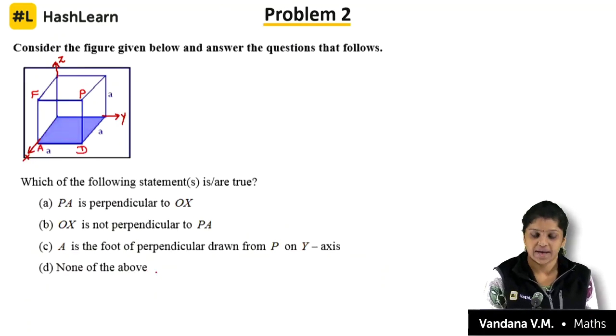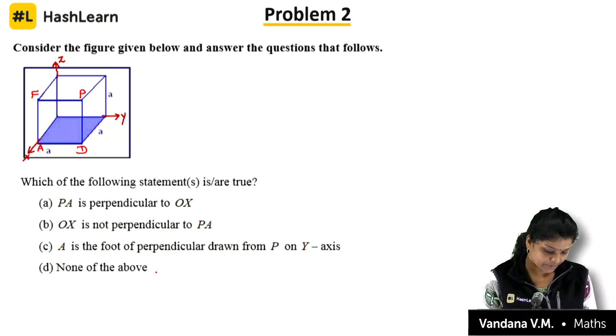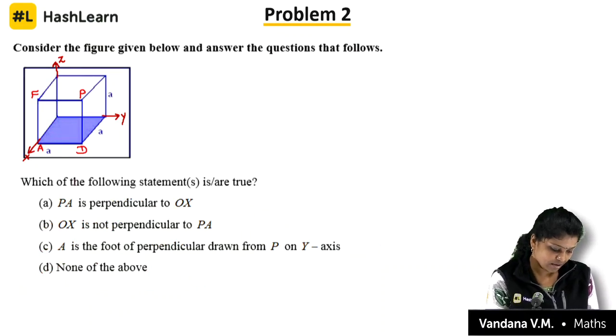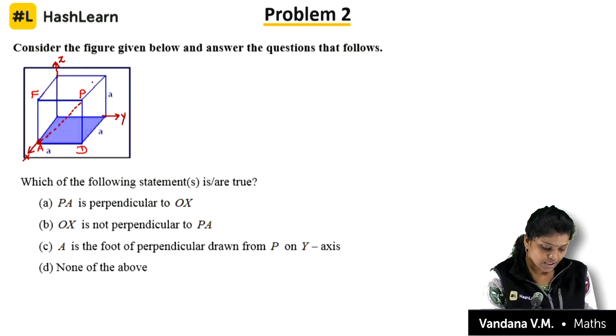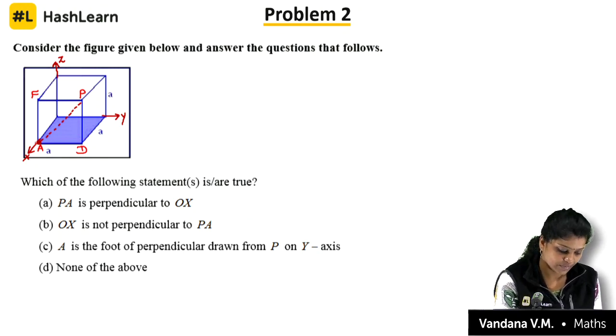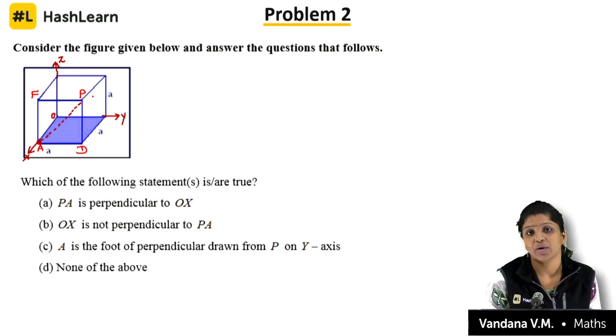Next. Now consider this diagram. Once again they are asking which is correct. PA is perpendicular to OX. This is O, this is X. It is perpendicular to the x-axis, I already told you.